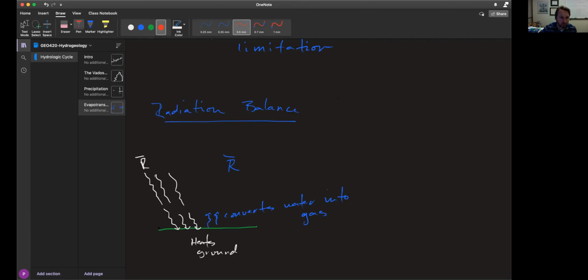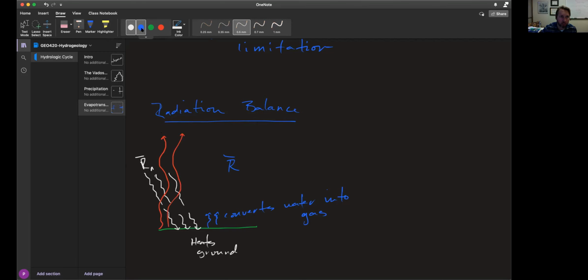So this is the net radiation, that is, the incoming minus the longwave going out. I'm going to put an N on there to signify that it's net radiation, this incoming minus the outgoing.